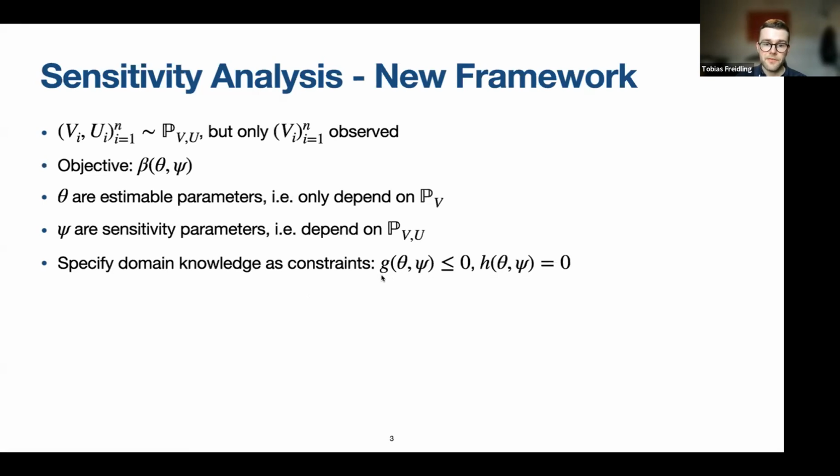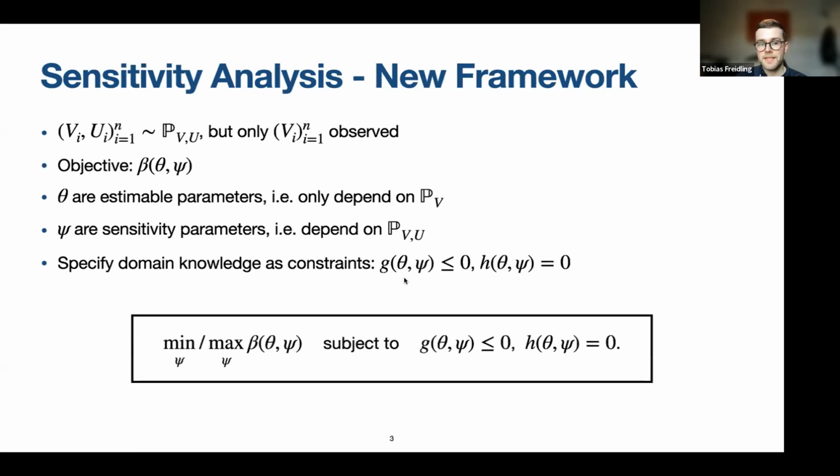Now that we have these constraints on our sensitivity parameter and got some knowledge about it, we can frame sensitivity analysis as an optimization problem. So we take our objective, plug in the theta value, which in the population we have, and then we minimize or maximize over the sensitivity parameter subject to the constraints that are specified.